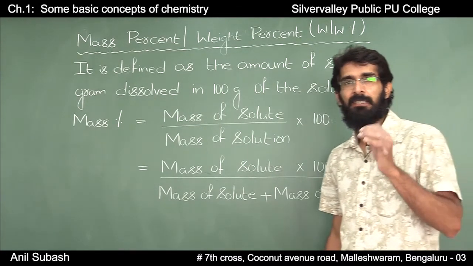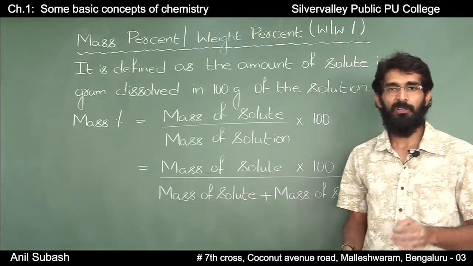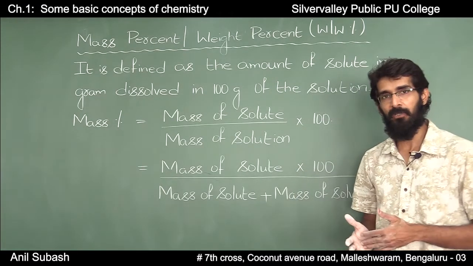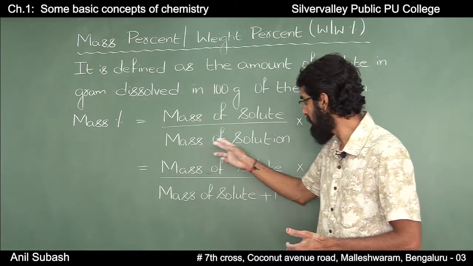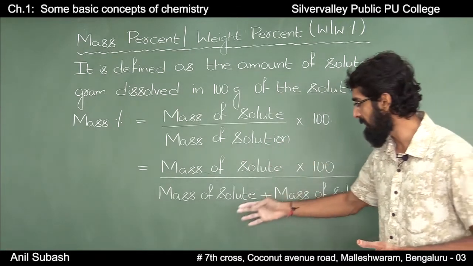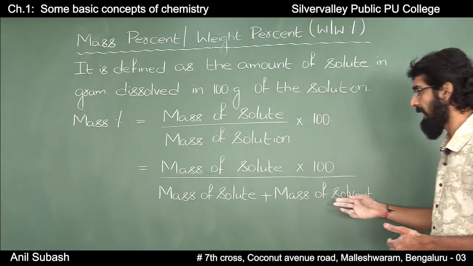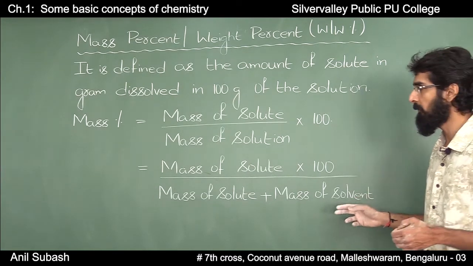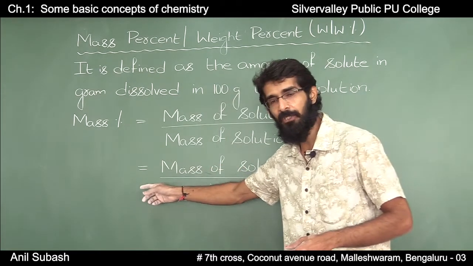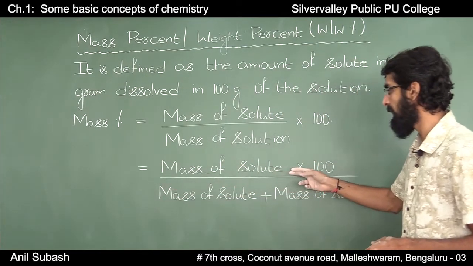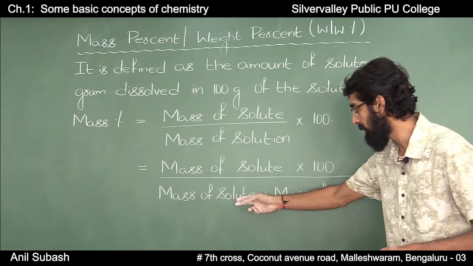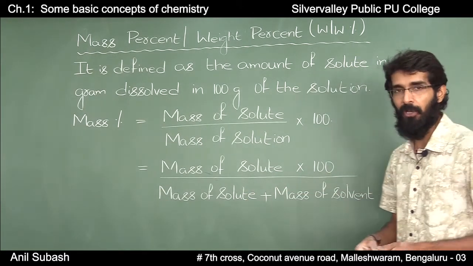We know that solution is a homogeneous mixture of solute and solvent. Therefore, mass of the solution can be taken as mass of solute plus mass of solvent. Therefore, mass percent is equal to mass of solute into 100 by mass of solute plus mass of solvent.